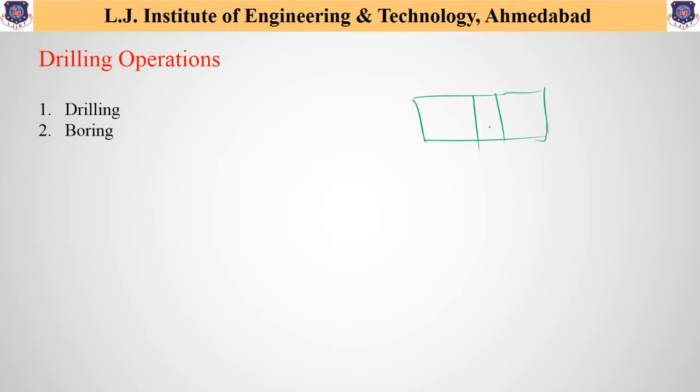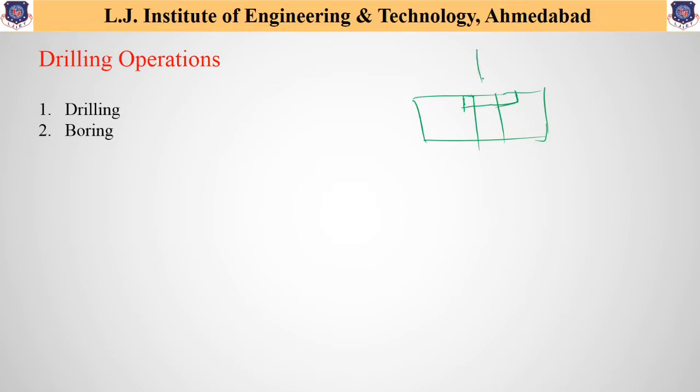If a hole of certain diameter is available on any workpiece, and we want to increase its diameter by some amount, then this increase in diameter can be obtained by using this boring tool.